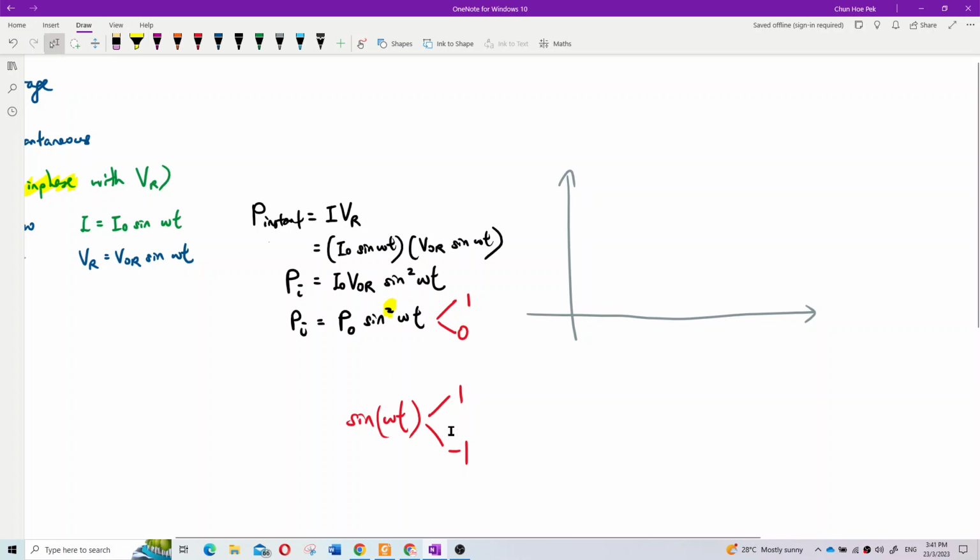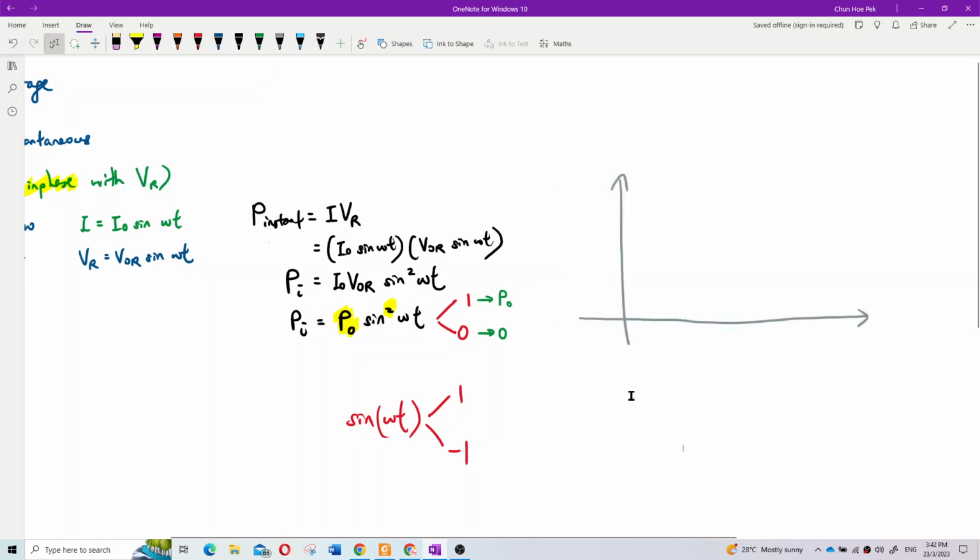There's no -1. Whatever negative value gets squared, so becomes +1. So for instantaneous power, the maximum is P naught. If sine square omega t is 1, the instantaneous power is P naught. P naught multiply 1, you get P naught. If multiply 0, you get 0. Correct or not, class?